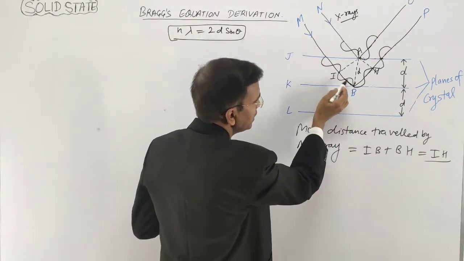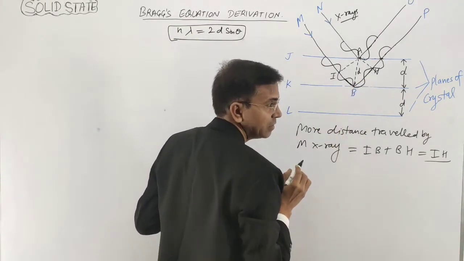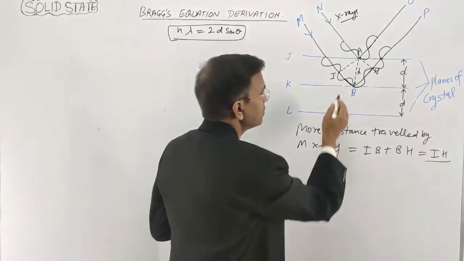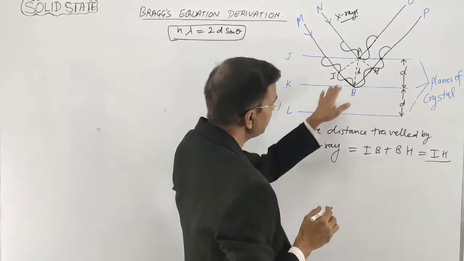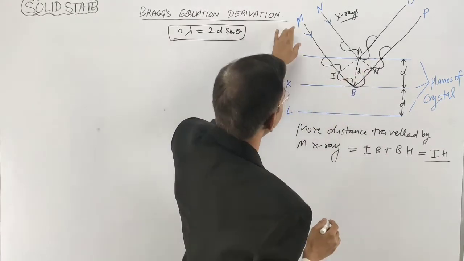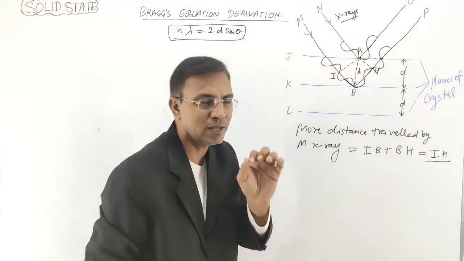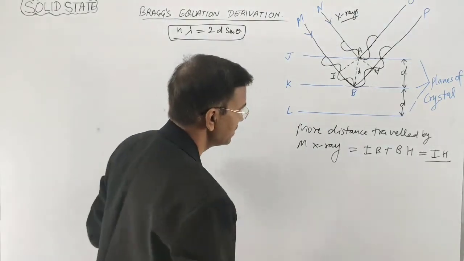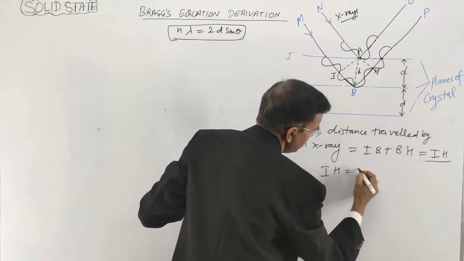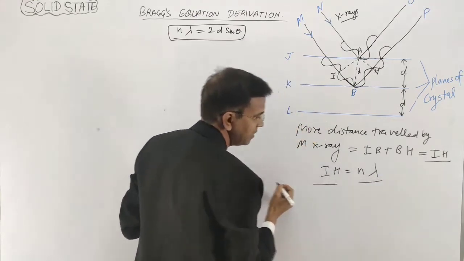That means equal to 1 lambda or 2 lambda or 4 lambda. So this extra distance covered must be equal to a multiple of the lambda. That means this IH must be equal to n lambda.